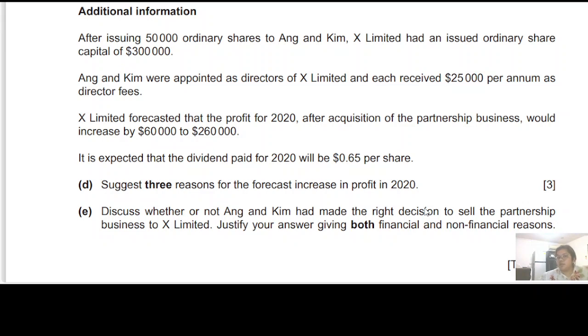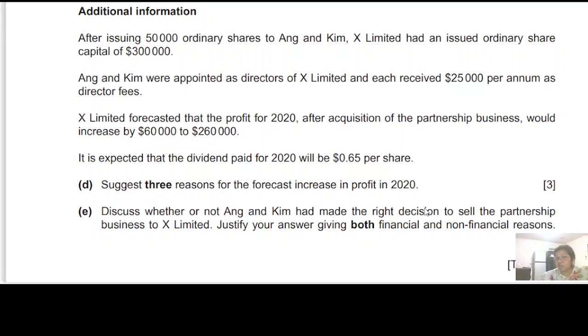Because Ang and Kim sold their partnership to X Limited, but X Limited wants to appoint them as directors, and X Limited paid them 25,000 per month as fees.